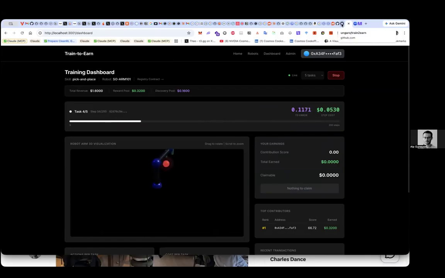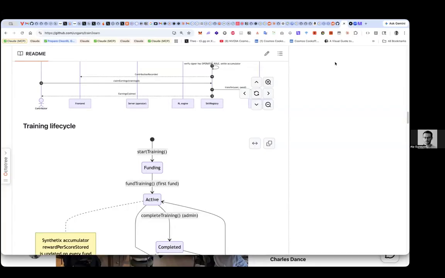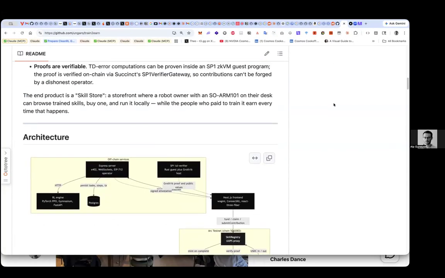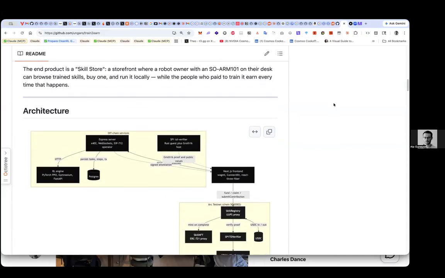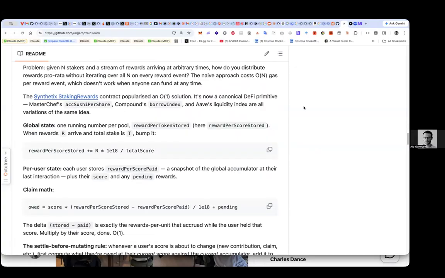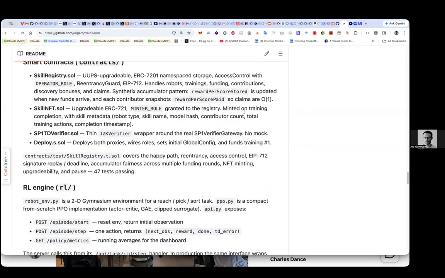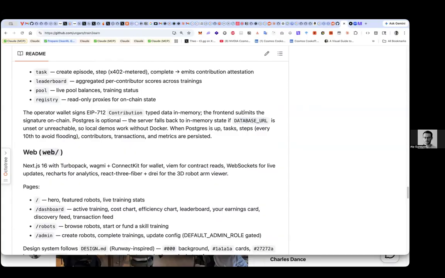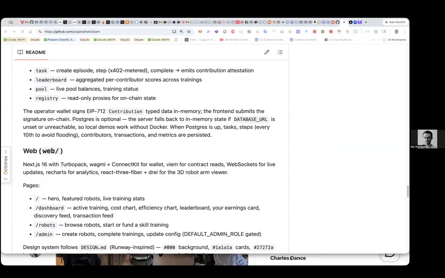The idea is a rough idea, of course. People can get the skills for their robots later, once those skills are in a marketplace. Whoever buys these skills, the smart contracts distribute payments depending on the contribution of the users. These are all deployed and working.